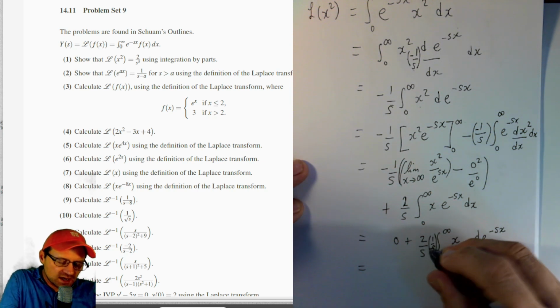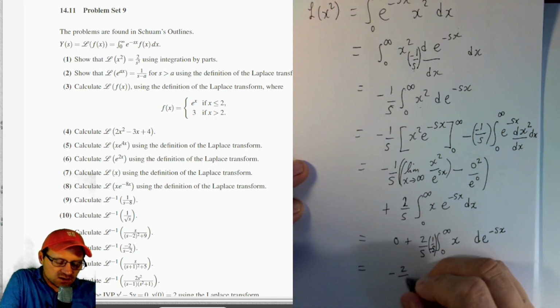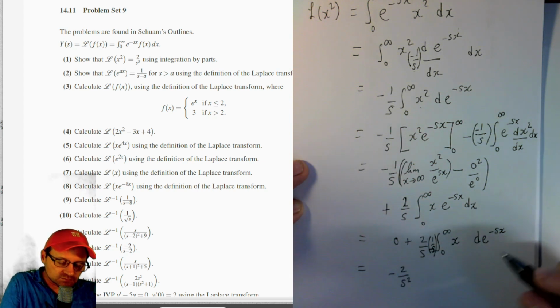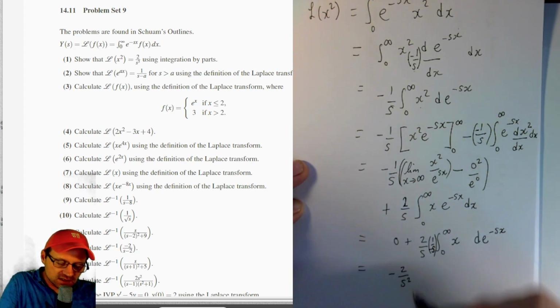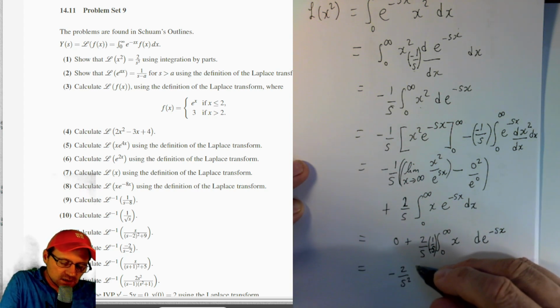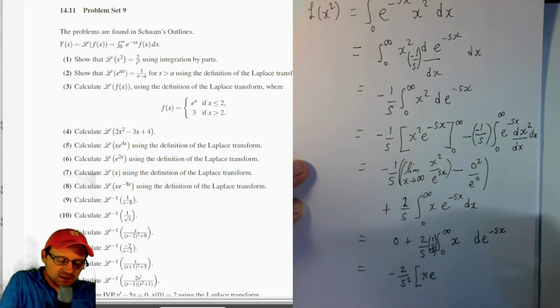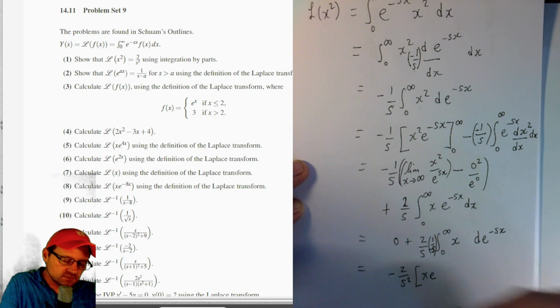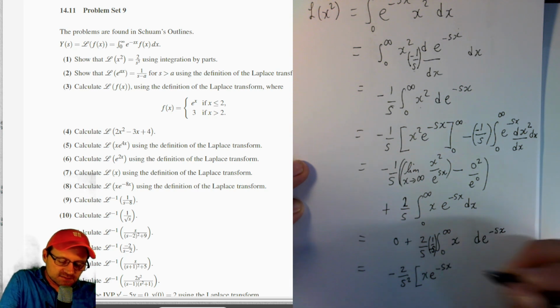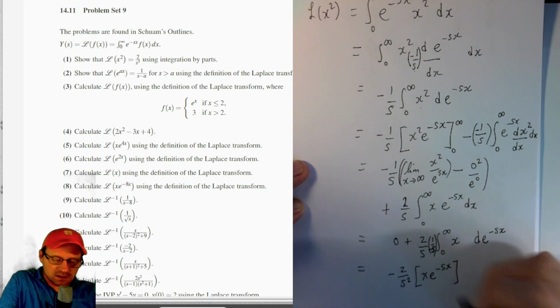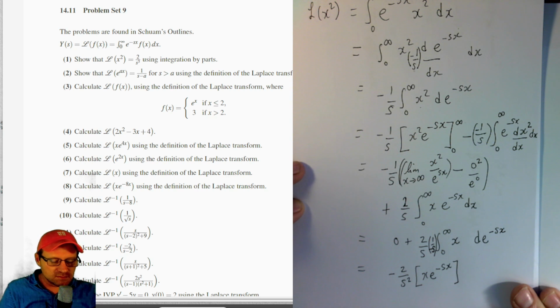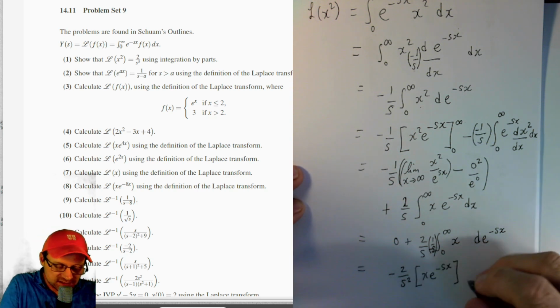Okay, so next, let's simplify this. So we have minus 2 over s squared. And then using the product rule, we'll have x e to the minus sx. I said product rule, but it's integration by parts, which is related to the product rule, isn't it?